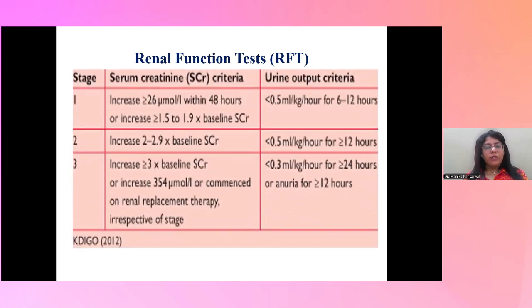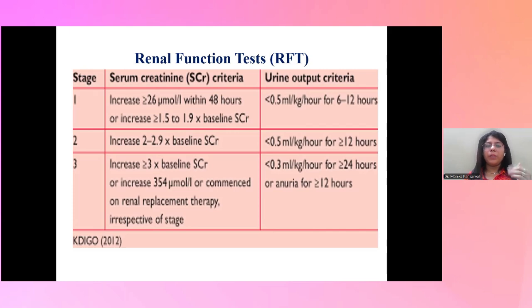This is the critical criteria in which you can see the two parameters being used to identify at what stage of AKI the patient is, whether stage 1, 2, or 3. If the patient is in stage 1 of AKI, then you will look at the serum creatinine and the urine output.